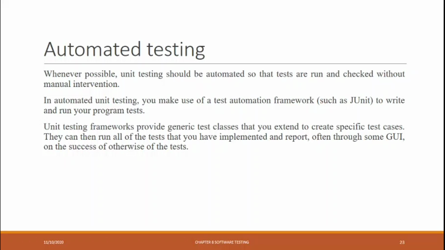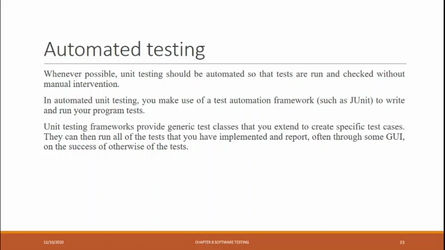Whenever possible, unit testing should be automated, so that tests can run and check without a human or manual effort. In automated unit testing, you make use of test automation frameworks.